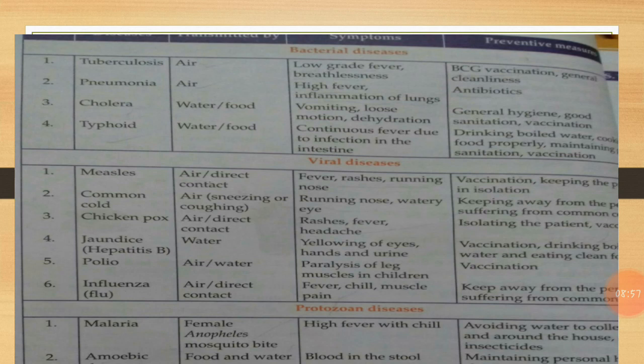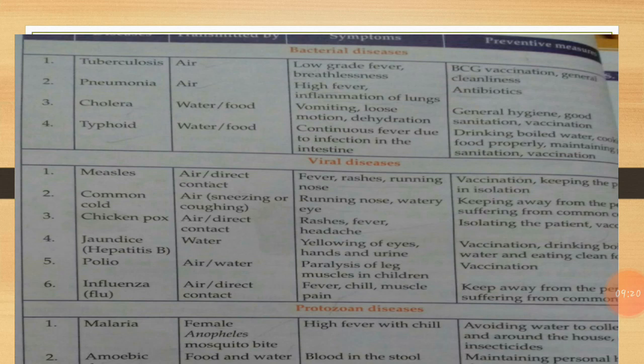Now we are going to know about some human diseases caused by microorganisms. One by one we will learn about the types of disease caused by microorganisms in human beings, the first one being tuberculosis. What is its mode of transmission?